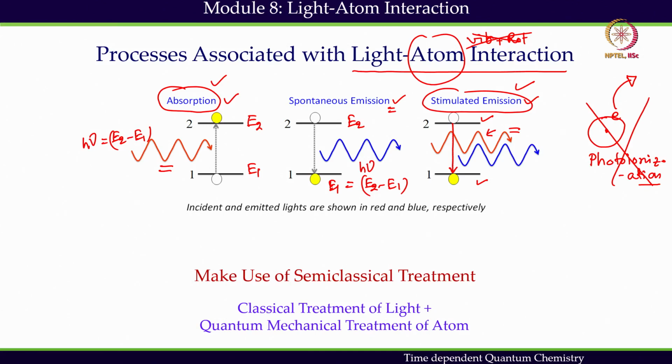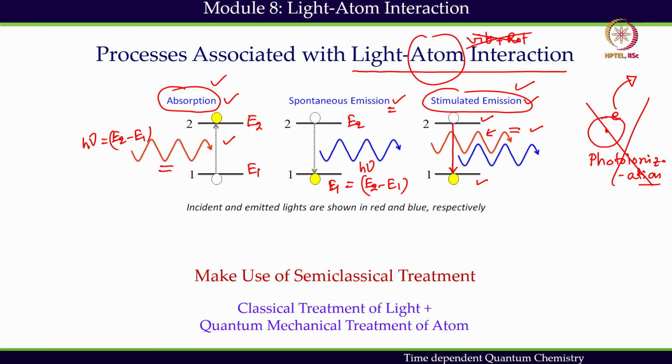The system has to interact with the external field to undergo this transition. Either absorption can happen or stimulated emission can happen, and that is why it is proportional to the intensity of the applied radiation field.